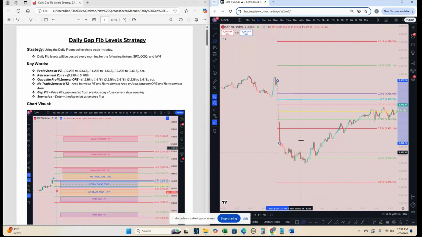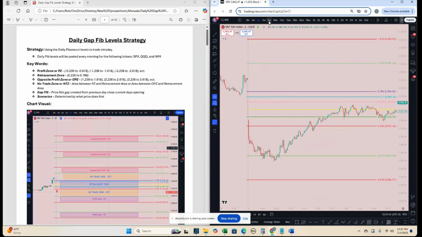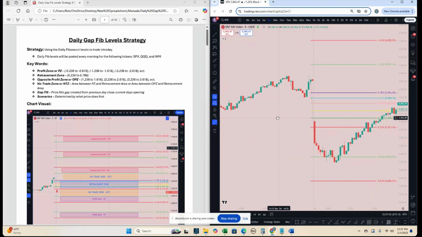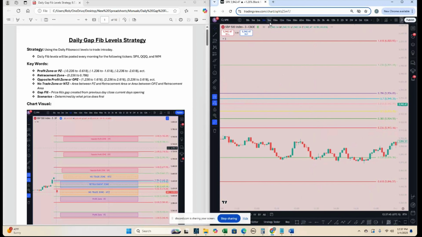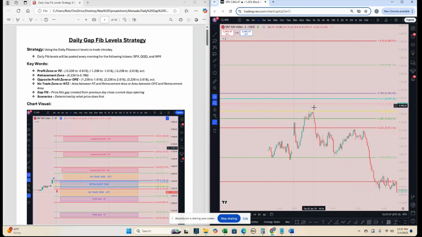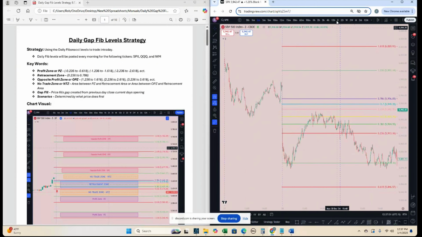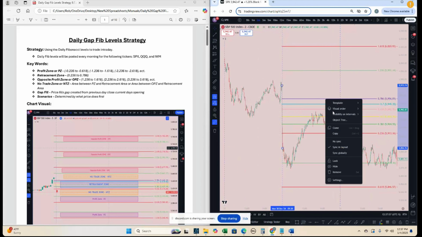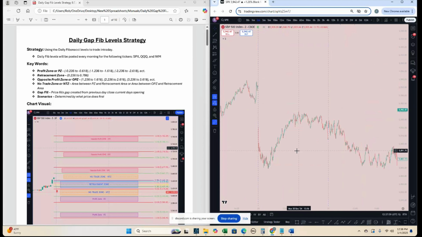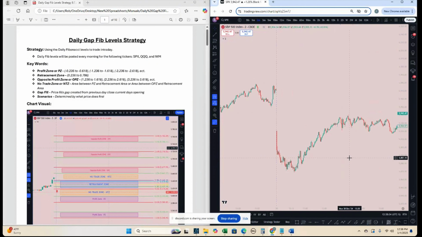You have to wait until it closes. Now you can draw this on a 5 minute chart if you want to. It works similar. You can draw it on 3 minute, 2 minute. I know I've seen it drawn on a 15 minute time frame, but I specifically draw it on a 2 minute because that's where I have pulled my data from for that spreadsheet that I send out.